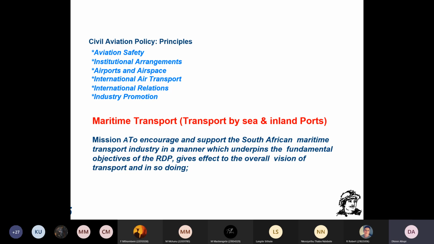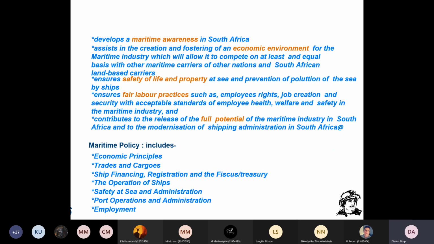And then we had relating to water or sea transport. Again, with maritime trying to fulfill the RDP program, overall vision objectives, and with maritime, you can see the awareness of maritime.